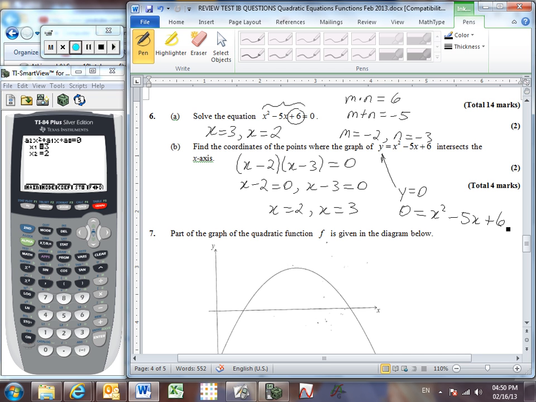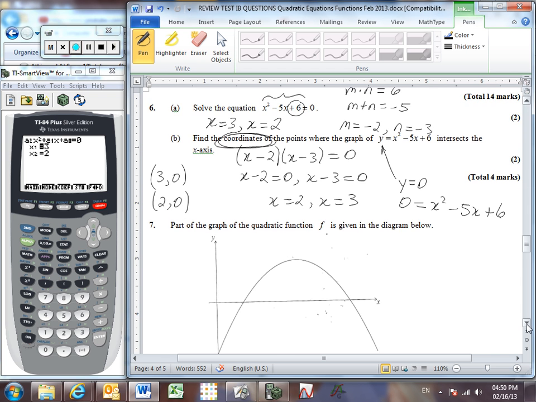Hey, this is awfully familiar. We just solved this exact equation. And so clearly we know that our solutions are 3 and 2, so those will be our two x-intercepts at 3 and 2. But it wants the coordinates of the points, and so we're going to have 3, 0 and 2, 0 as your two x-intercepts, the places where the parabola intersects the x-axis.